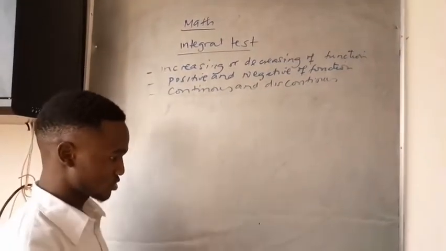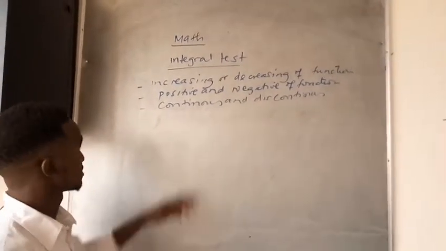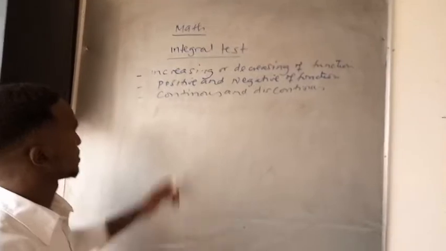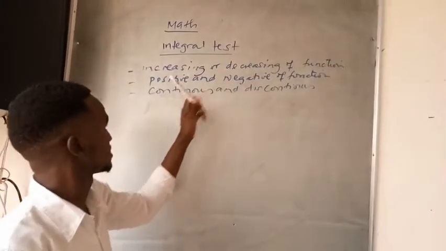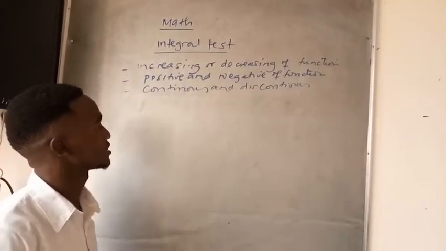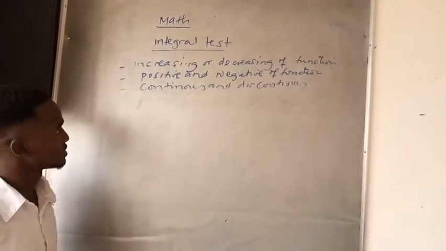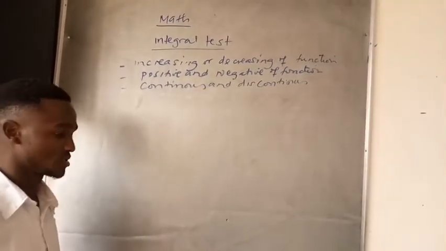So we have to think about these three things. Determine whether the function is increasing or decreasing, determine whether it is a positive function or a negative function, determine whether it is continuous or discontinuous.